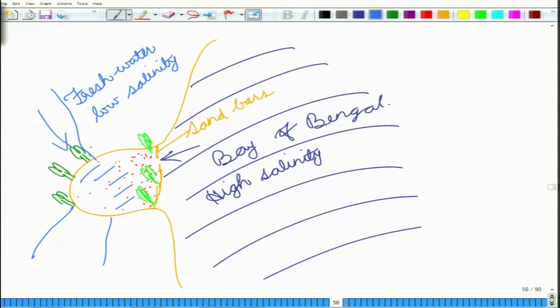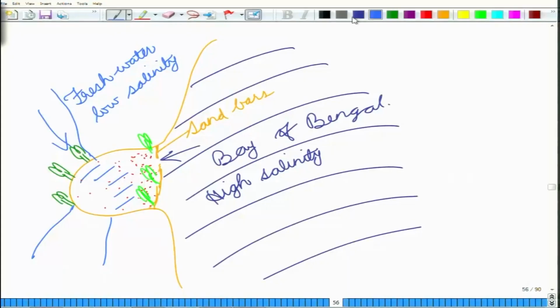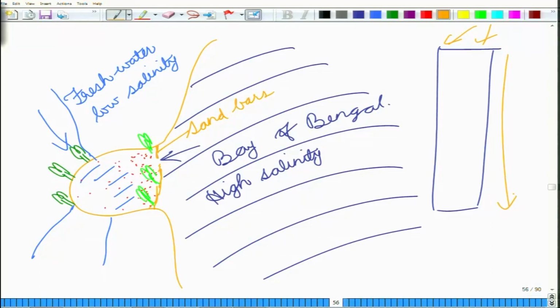especially in the case of this Chilka lake, the depth of the water is very less. The depth of the water is typically 2 or 3 meters. Now, when the depth is 2 or 3 meters, all of this water is able to receive sunlight, because if you look at a column of water, the sunlight will not be able to penetrate completely to the bottom, since typically sunlight is able to penetrate around 5 or 6 meters of the water column.